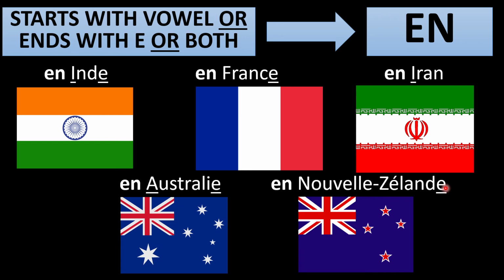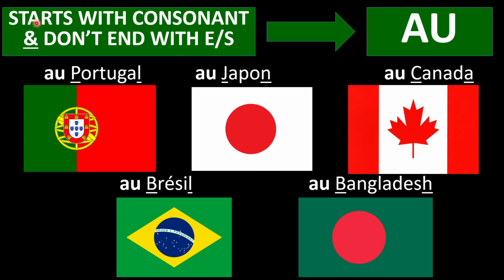Okay, now the last rule is that when the country's name starts with a consonant and it doesn't end with E or S. Now in this case, both the conditions have to be satisfied. Only then you will use au. Okay, both the conditions have to be satisfied here.